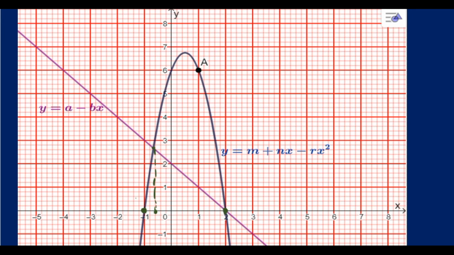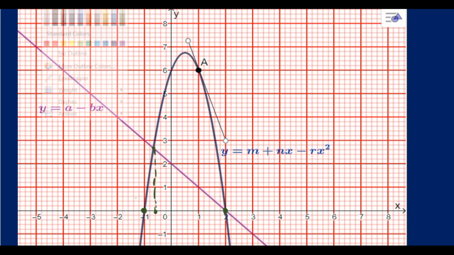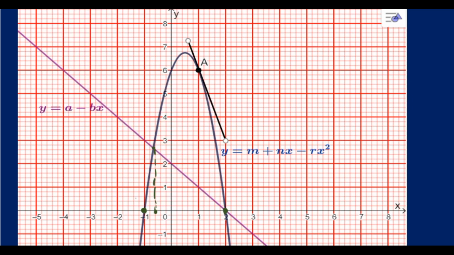So we are going to draw a tangent line through A. So this is the tangent line.